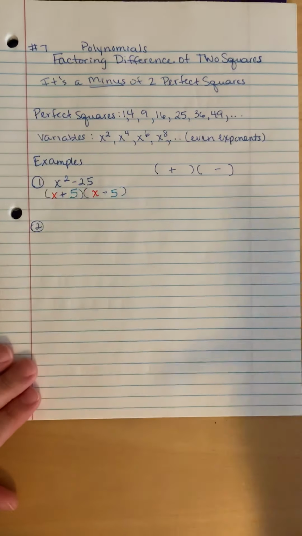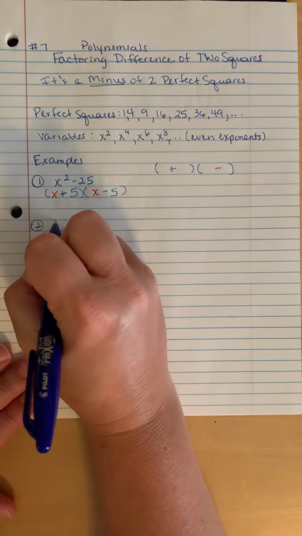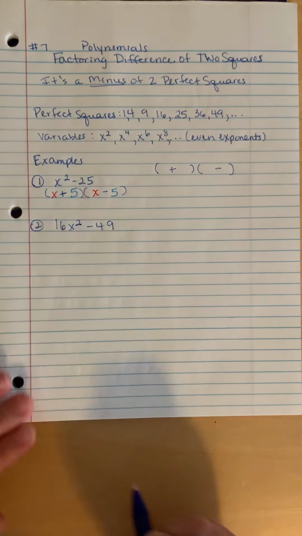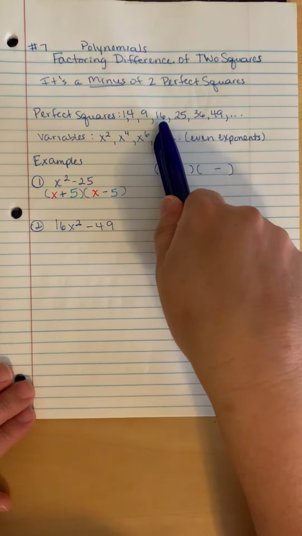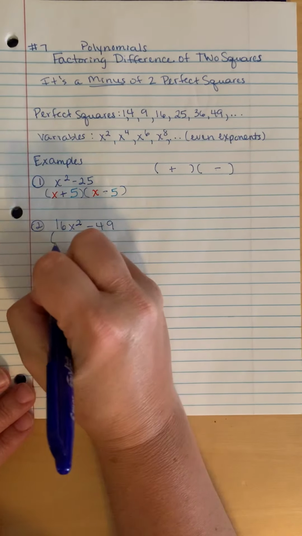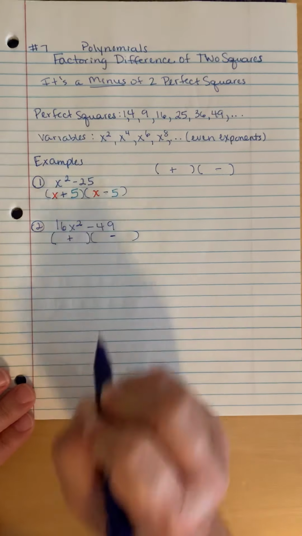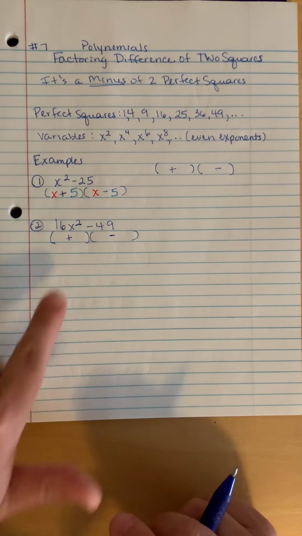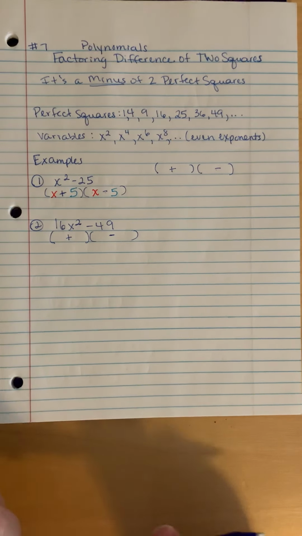So let's do another example here. Let's do 16x squared minus 49. And if you notice on this one, 16 is a perfect square, 49 is a perfect square. So both parentheses, we're going to start out with a plus and a minus. Now I can switch these around and put the minus sign first or the plus sign first. That doesn't make a difference.